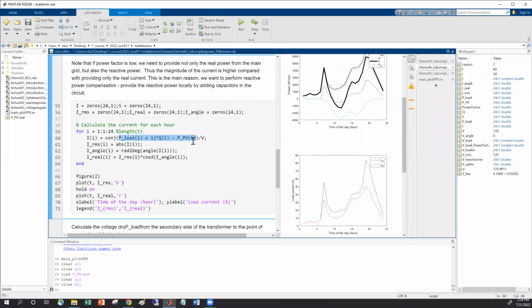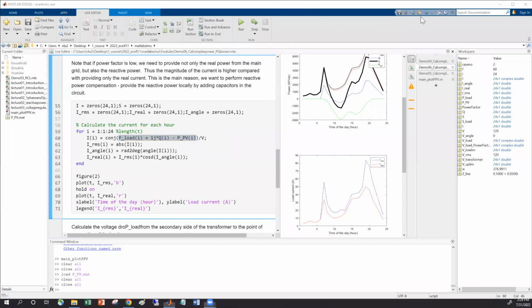Remember, the complex power actually equals the conjugate of current times V. So S equals V times conjugate of I. Okay.